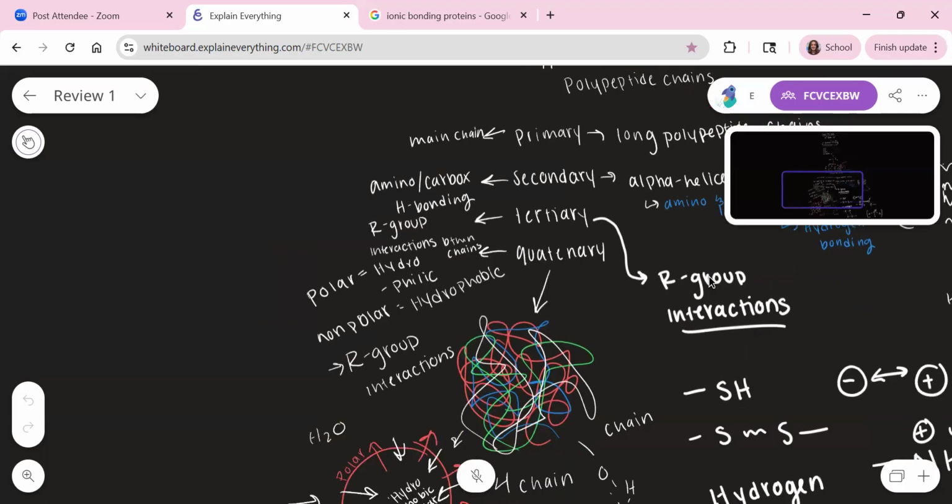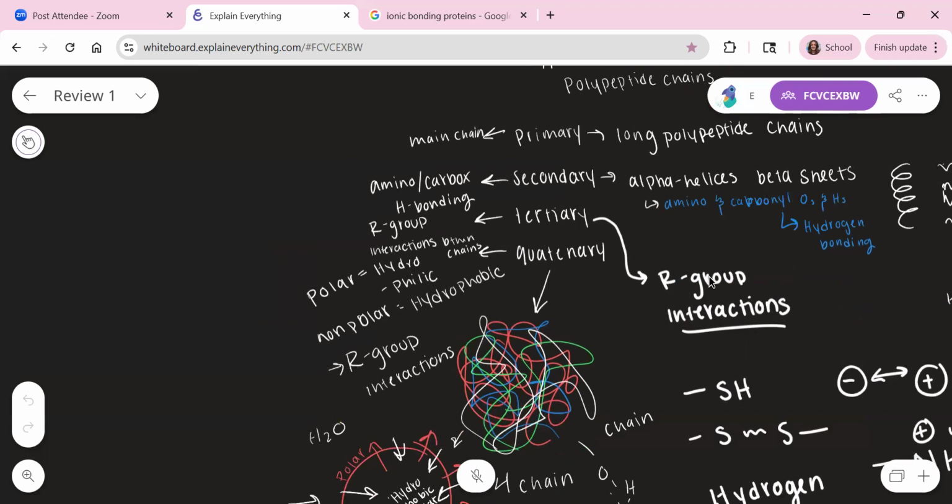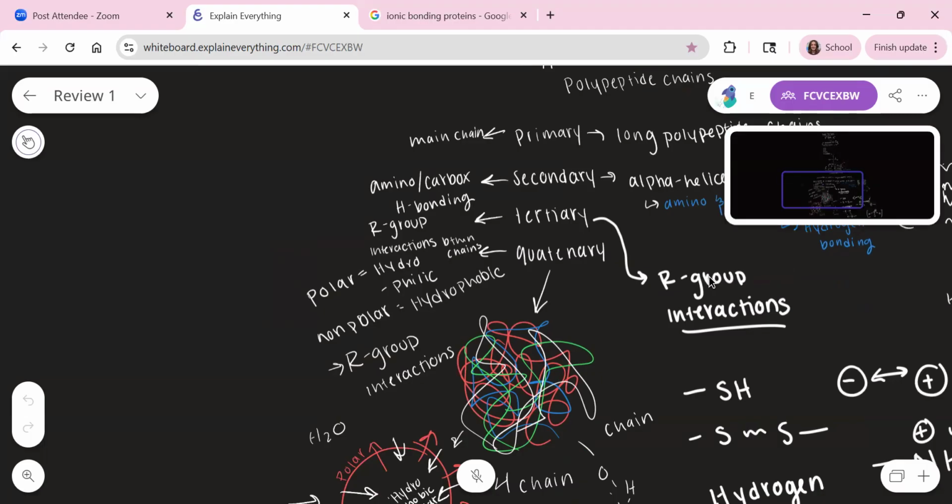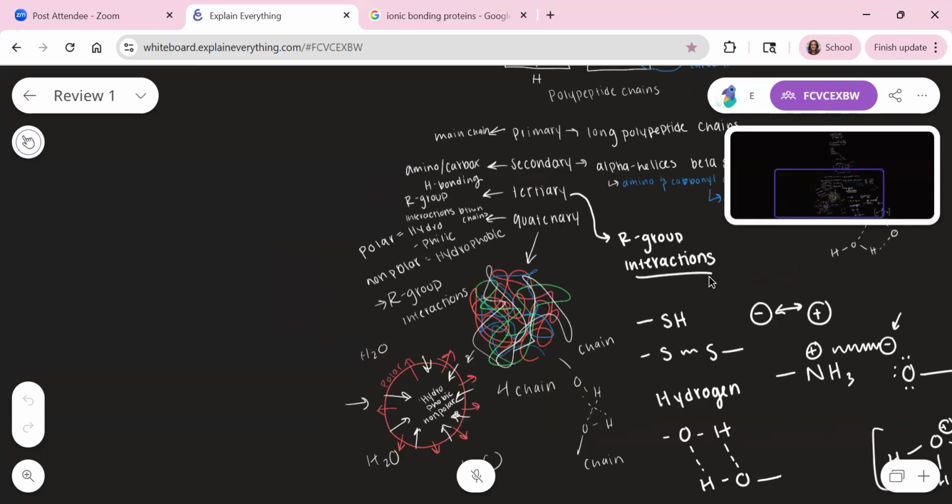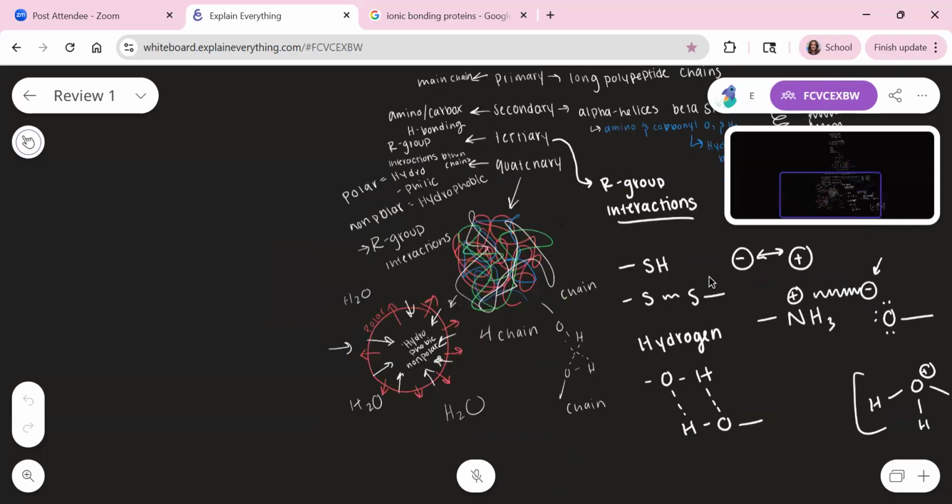And so that's what I would know for proteins. I don't think you have to go as in depth, but sometimes being a little more in depth with what you know can help you work through certain problems. So that's what I would know for this.